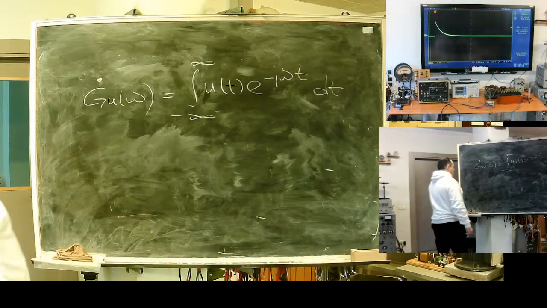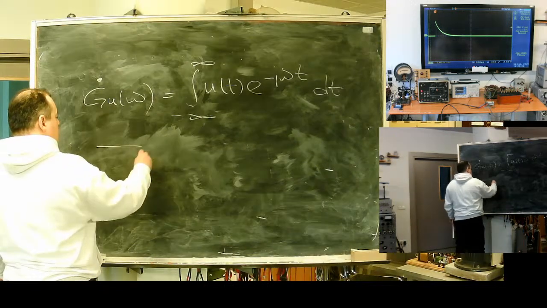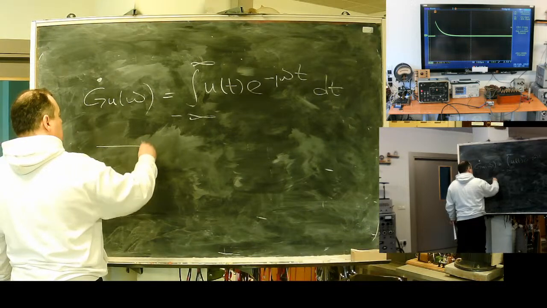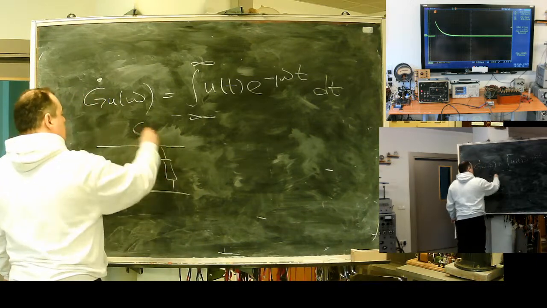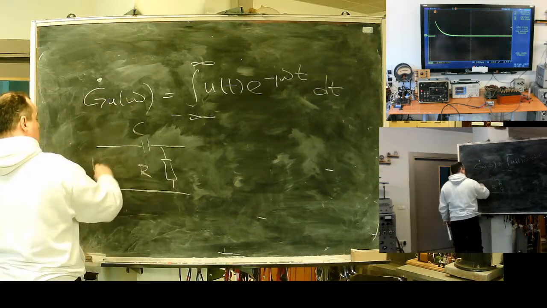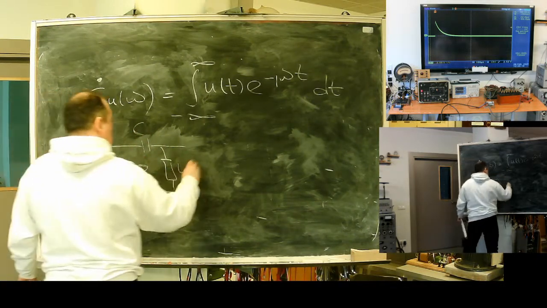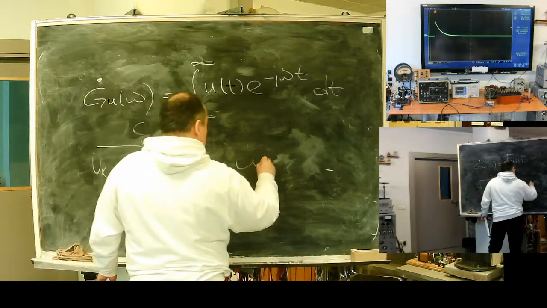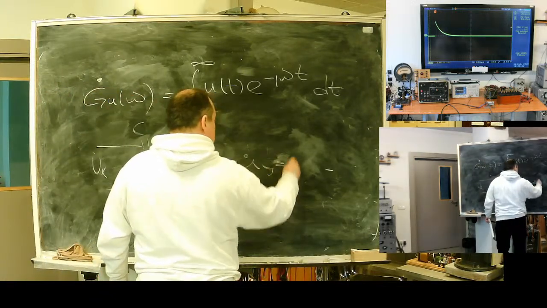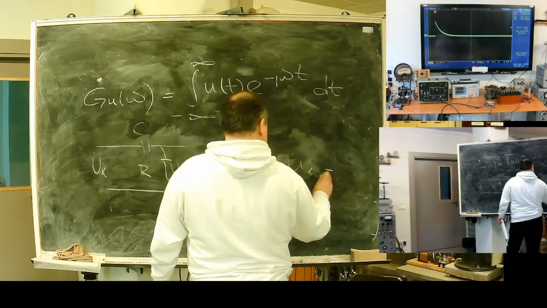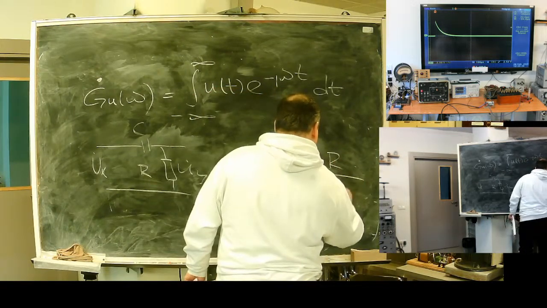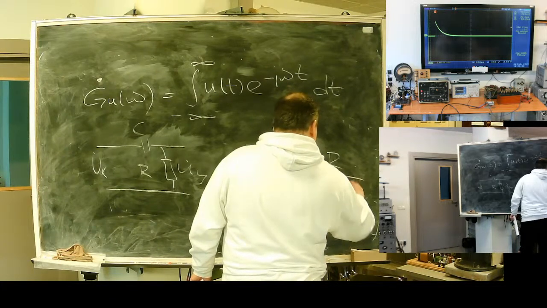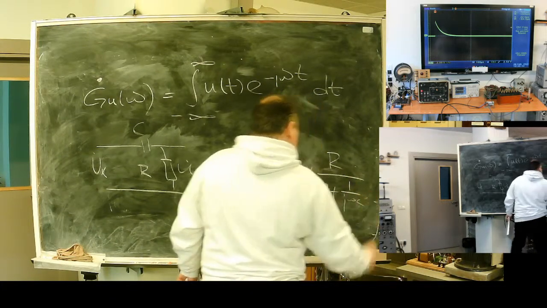Idea. Remember my idea with the transfer function. Let's say Ux, Uy. Uy was Ux multiplied by R divided by R plus 1 against omega c.